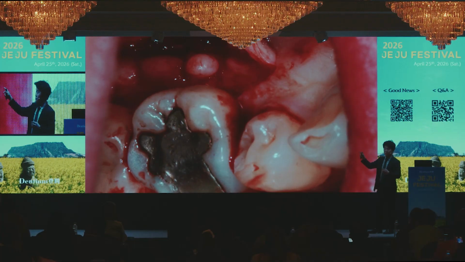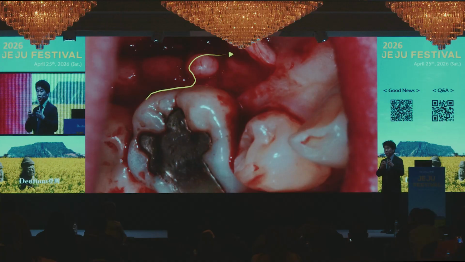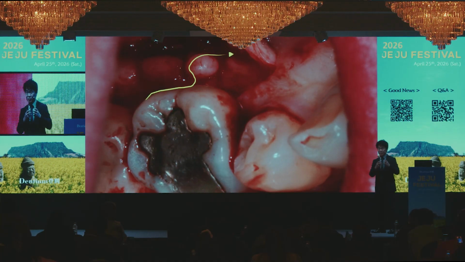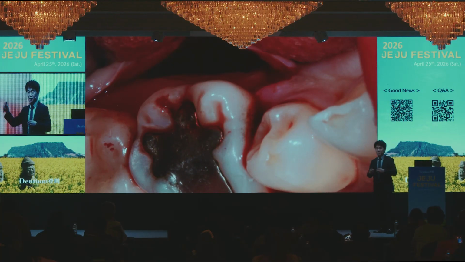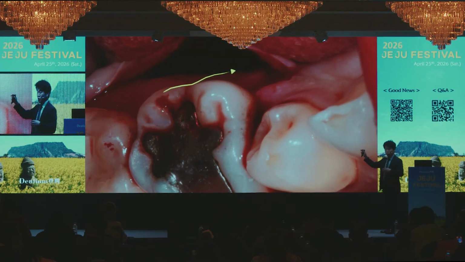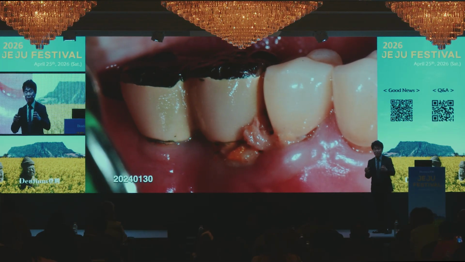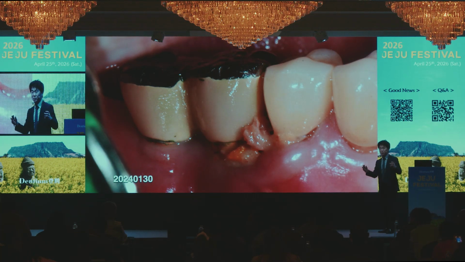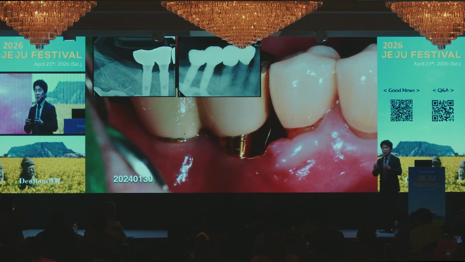The lingual area has a minor torus, so it is difficult to clean food or plaque. So I broadly polish the bone, and then you can see the smooth area. And then I make the positive architecture from the negative to the positive. So I think the same approach is required for peri-implantitis too.